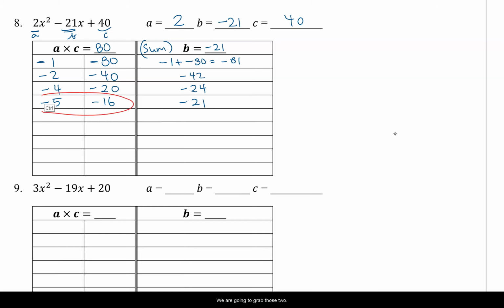So we are going to grab those factor pairs. Negative 5 times negative 16 is positive 80. And if we add them, negative 5 plus negative 16 gives us negative 21. That's the B that we're looking for. So we're going to grab that factor pair. We can stop once we find the factor pair that works.